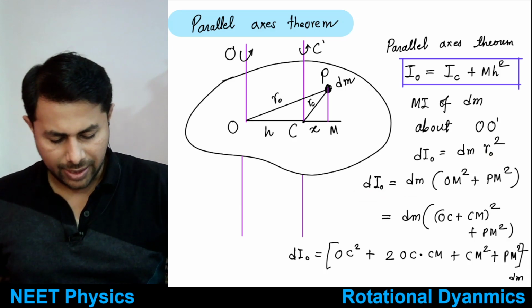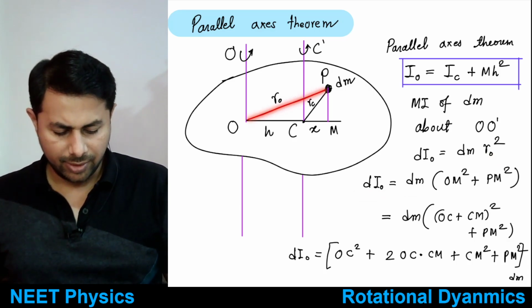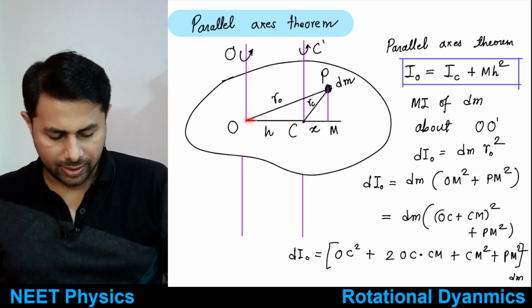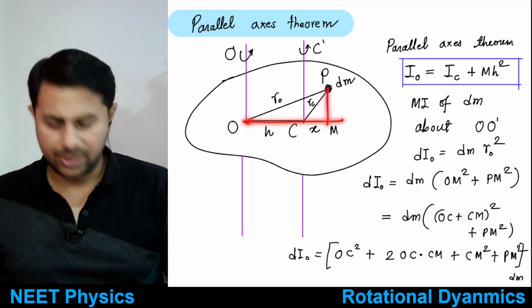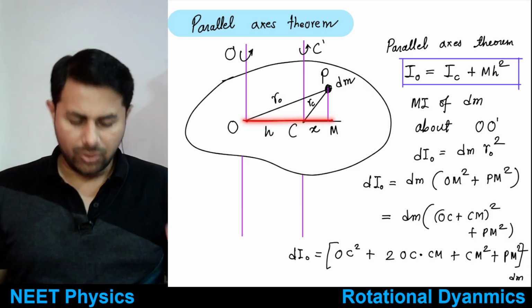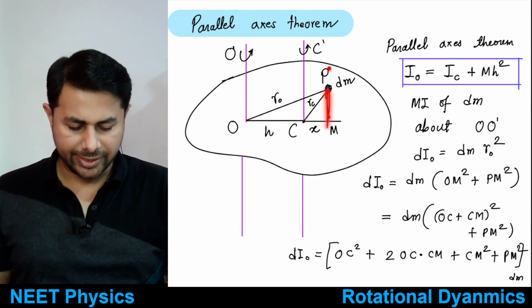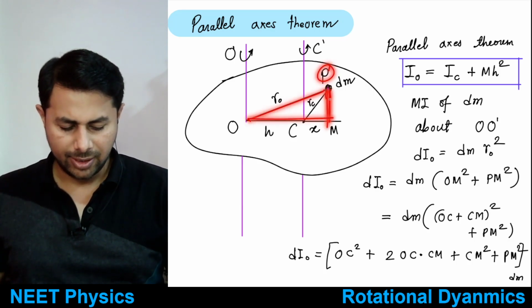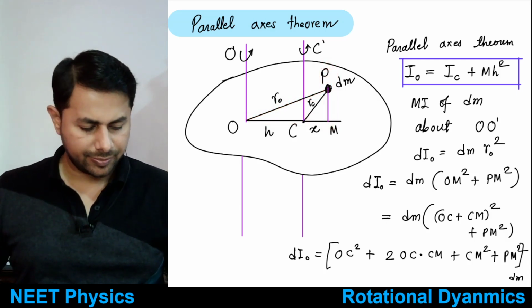Now if you see RO square in this diagram, it can be written as this distance square plus this distance square, right? Using Pythagoras theorem, it can be written as OM square plus, suppose this point is P, PM square.